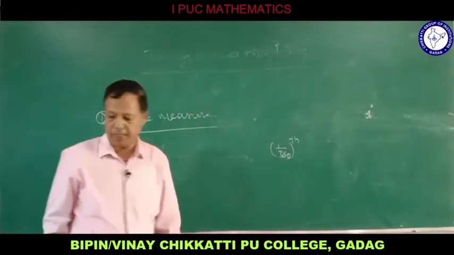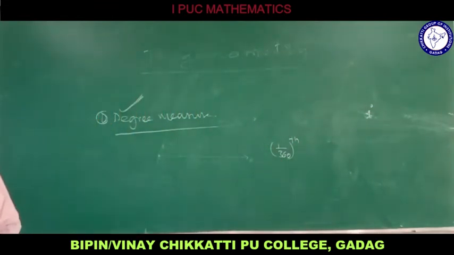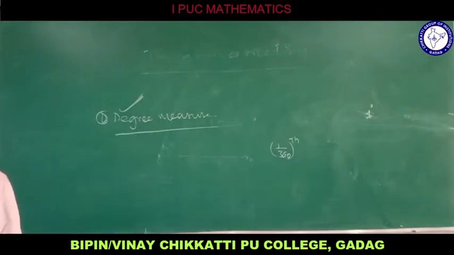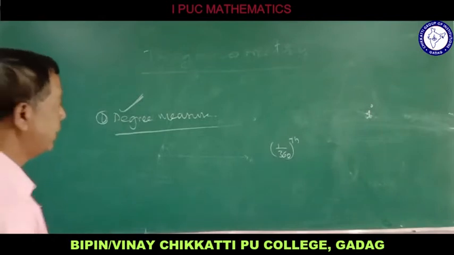Once again I explain what this degree system is. The angle traced out by a moving line about a point, from the initial position to the terminal position, in making 1 divided by 360th of 1 complete revolution of the circle, is said to have a measure of 1 degree.